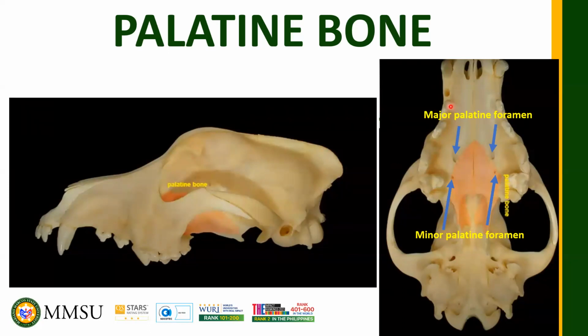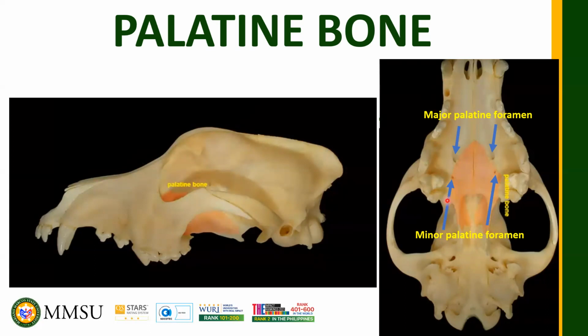So what is the purpose of these? For the major palatine foramen, the passageway is for the greater palatine nerve and blood vessels. Okay? This nerve usually provides sensory innervation to the posterior part of the hard palate. Okay? And then to the surrounding tissues on the same side.